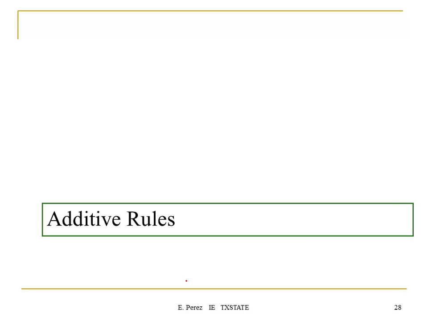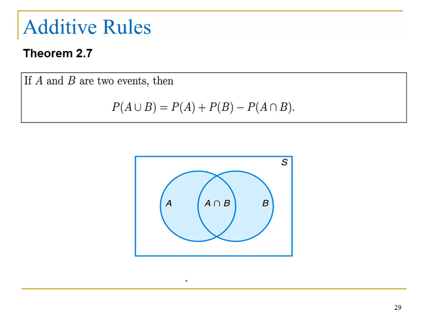So now let's discuss additive rules. Theorem 2.7: if A and B are two events that are not mutually exclusive, such as this case in which you have the intersection of both events, then the probability of the union equals the probability of A plus the probability of B minus the intersection.